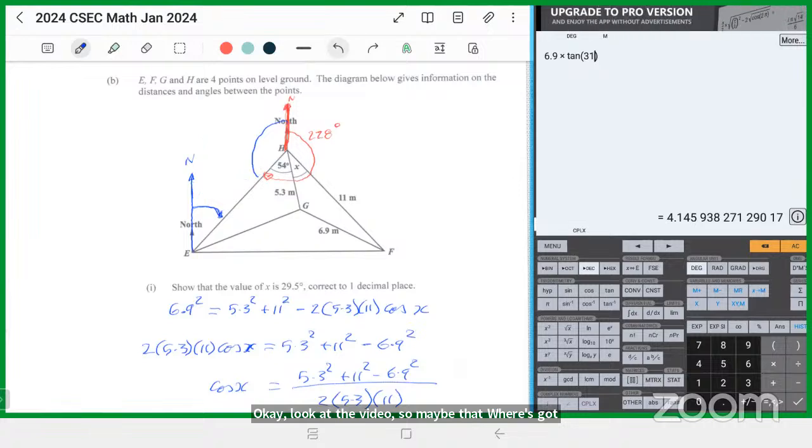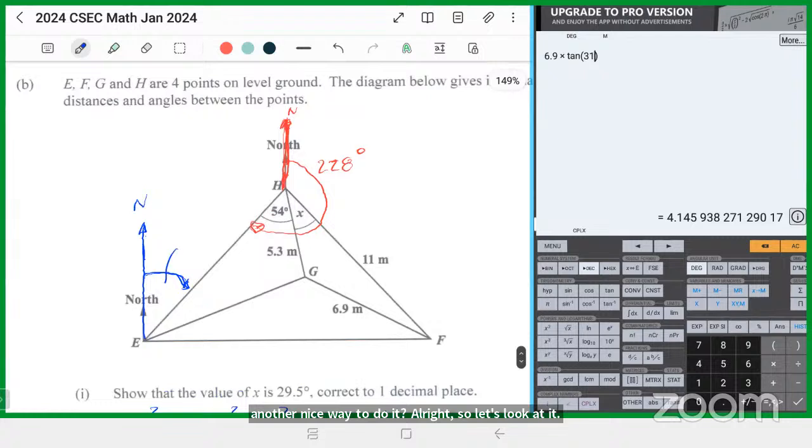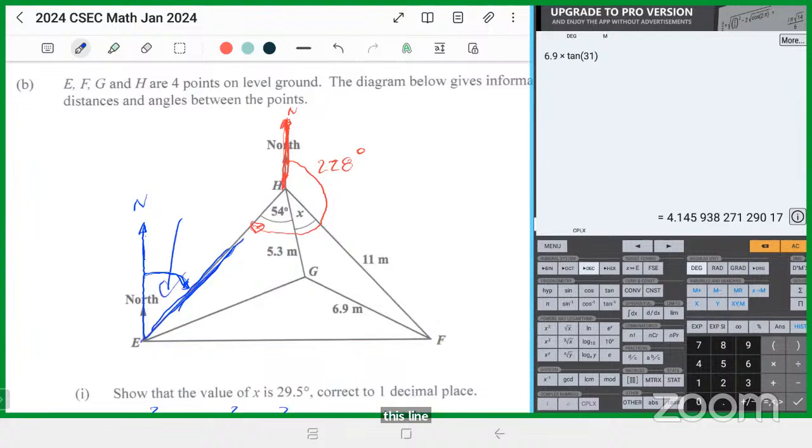All right. So let's look at it. Another nice way. So we want this angle inside this, right? So this line is forever on this bearing. No matter where on the line you are, it is on that bearing. Because bearing really is a direction thing. This same line from E to H, this is the direction of it.